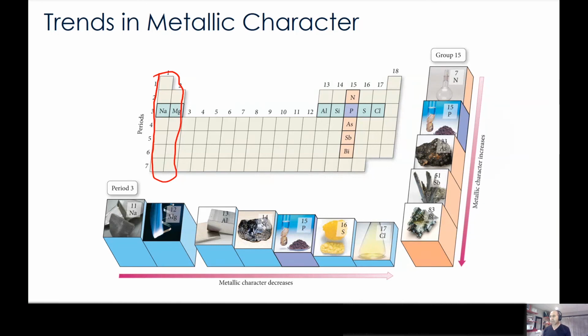And in general, metallic character increases as we go down the periodic table and decreases as we go across it.